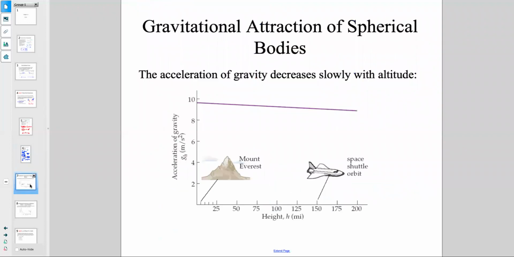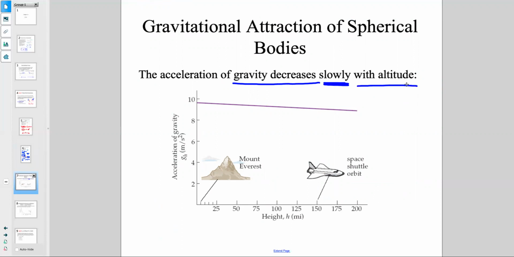So we know what the value for g is, and this value is pretty much constant. The gravitational attraction of spherical bodies and the acceleration of gravity decreases slowly, not much, with altitude.